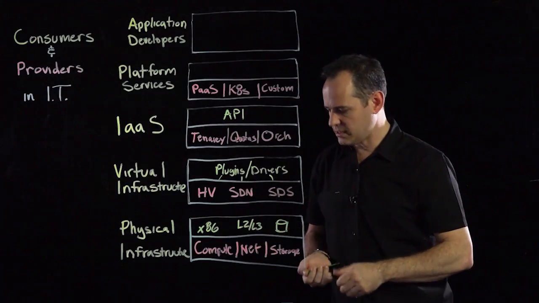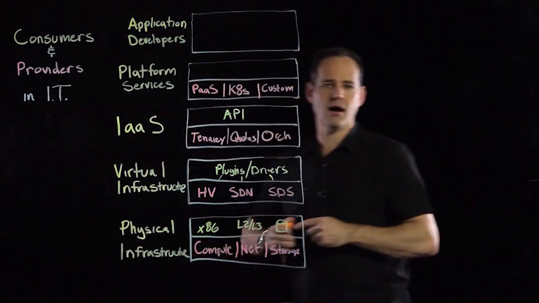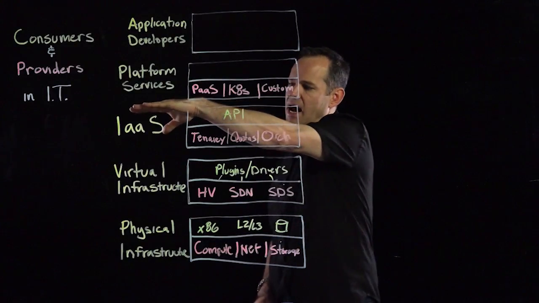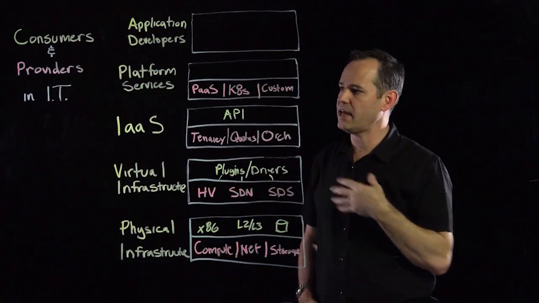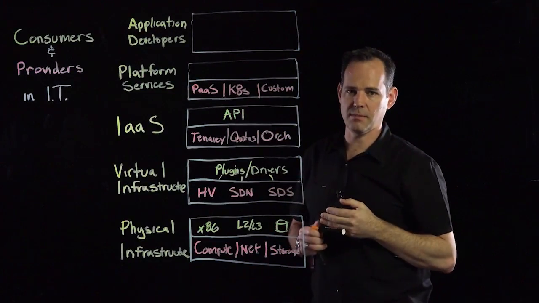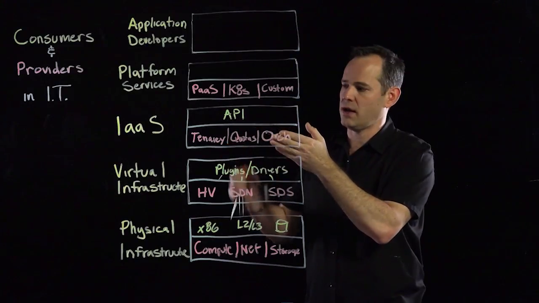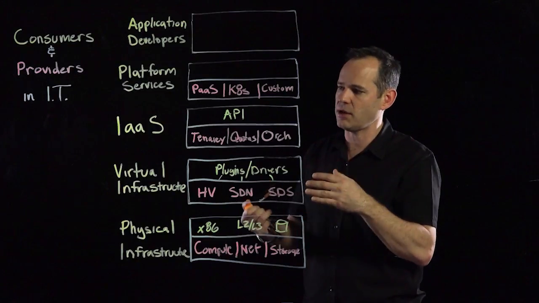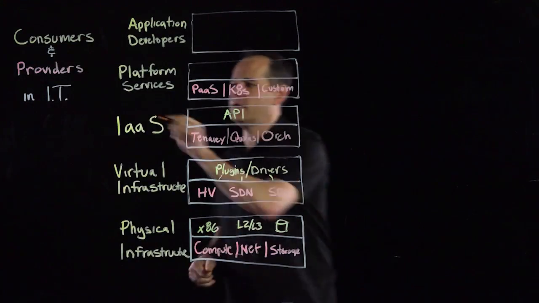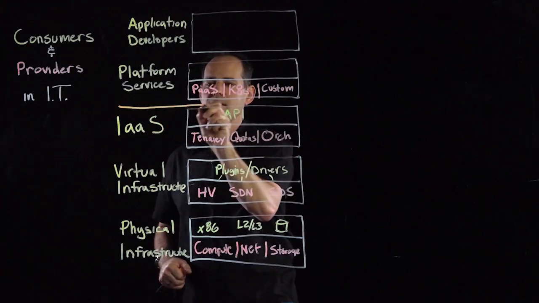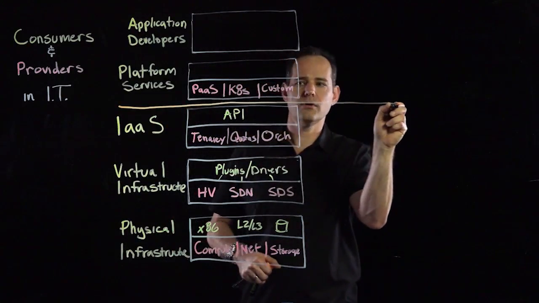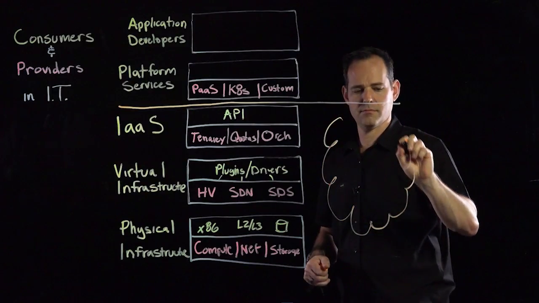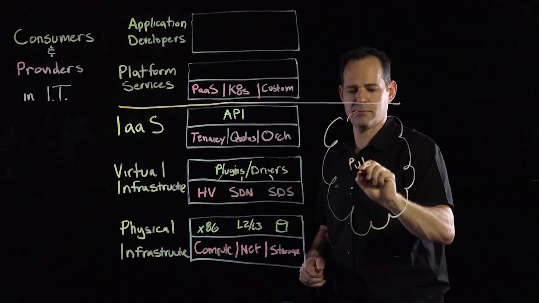Now, the interesting thing is, historically, what may have happened is that if the IaaS team and below has not provided the platform services team the consumption model they want, like they haven't been able to provide this API, or it's too difficult to use, or there are too many human beings and manual processes, what happened is that they ended up going out to a public cloud.